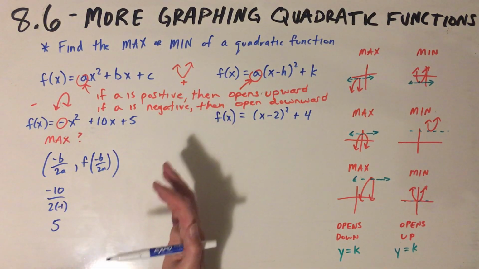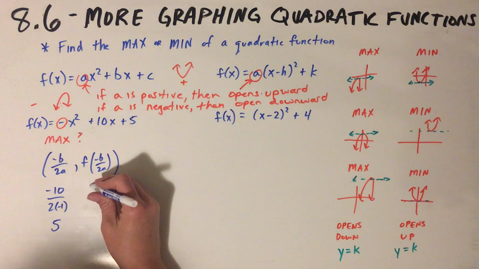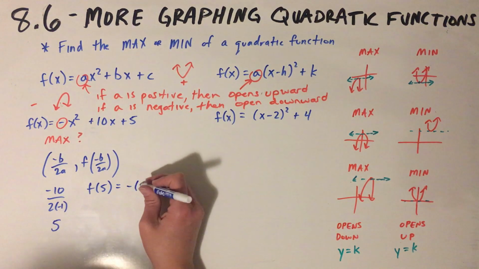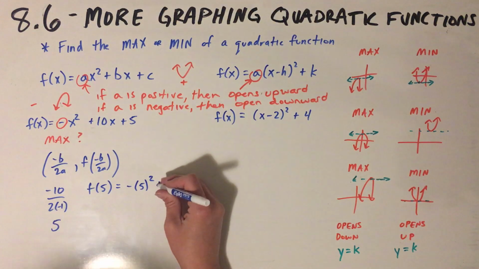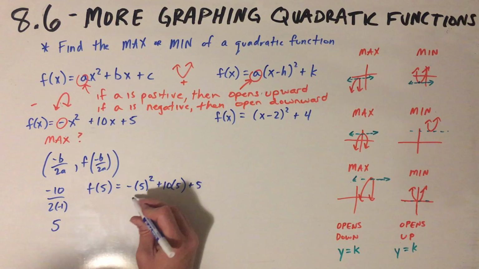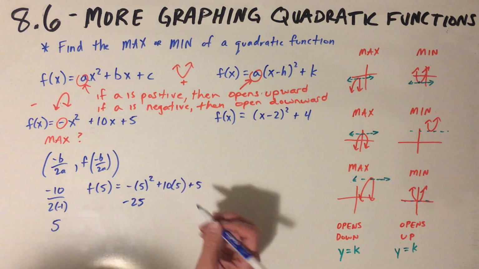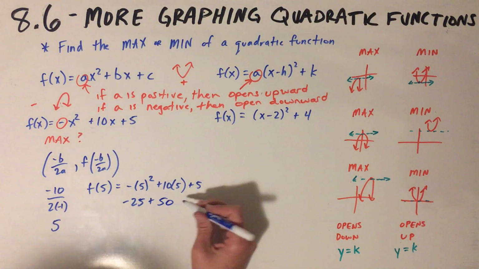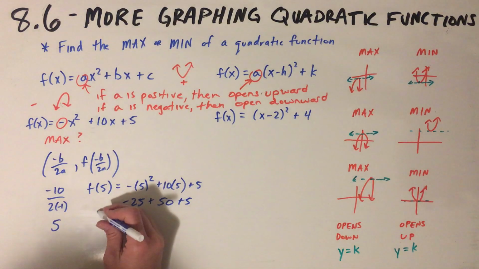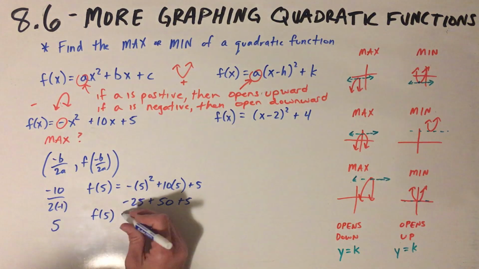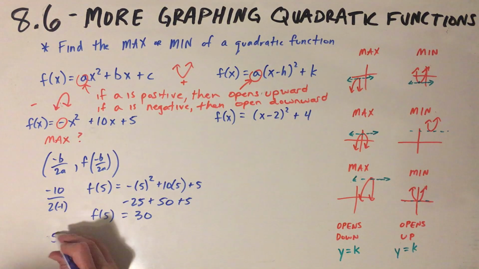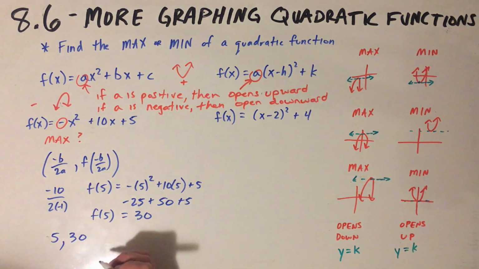Well, then I also need to plug 5 into my function. So f of 5 is equal to negative 5 squared plus 10 times 5 plus 5. So 5 squared is 25, but that's going to be negative because the negative's on the outside, plus 50 plus 5. So I have 55 minus 25, which gives me 30. So f of 5 is equal to 30. This is the y value. So I get that my vertex is (5, 30).